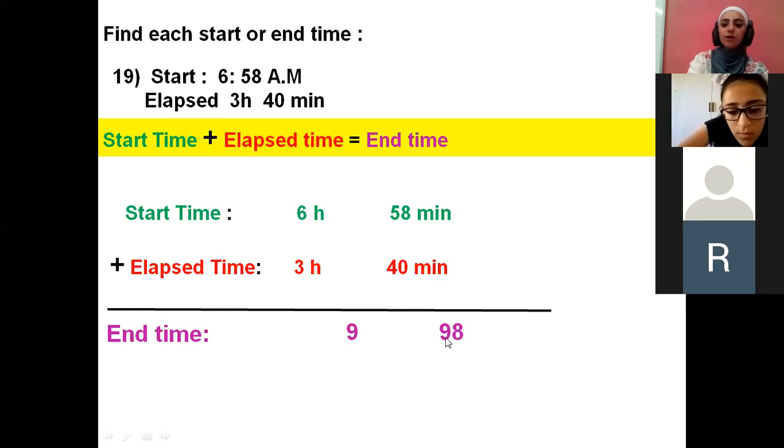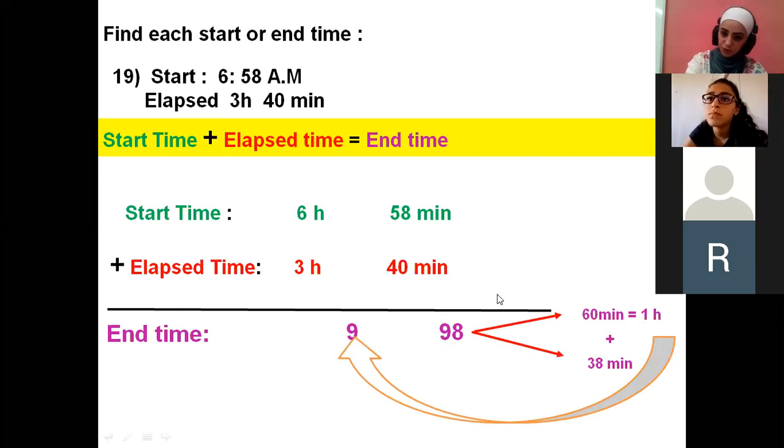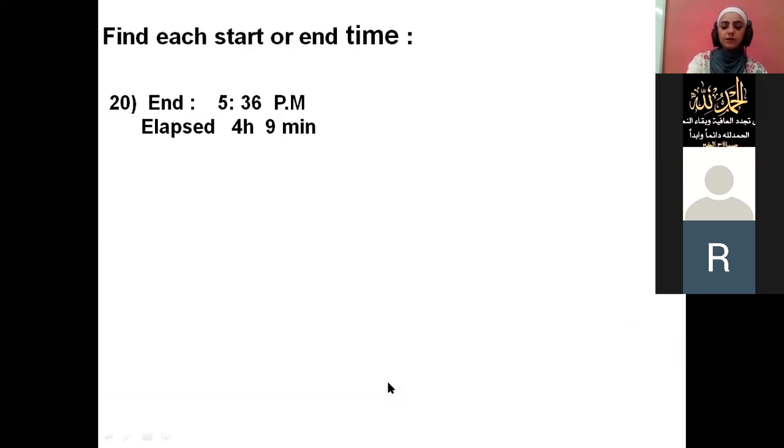But when there is 98 minutes, we need to know how many hours are in the 98 minutes. It will be 10 and 30. Yes, excellent. So from the 98 minutes, there are 60 minutes and 38. That 1 extra hour of the 60 minutes from the 98, give it to 9. So it will be 10 and 38 minutes.